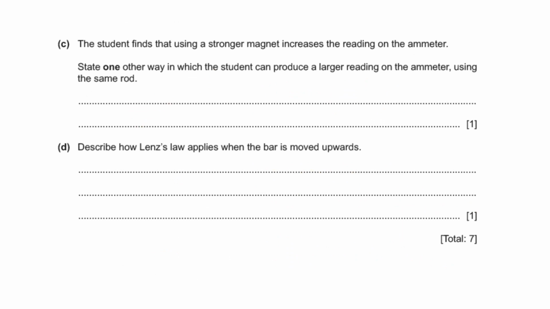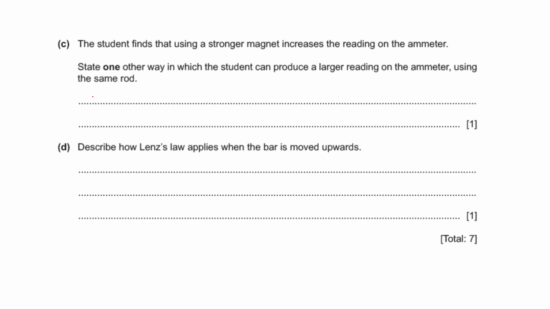Next part. A student finds that using a stronger magnet increases the reading on the ammeter. State one other way in which the student can produce a larger reading on the ammeter using the same rod.